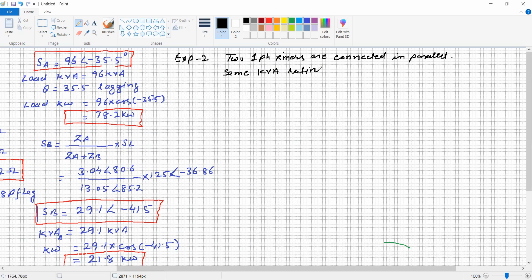So both transformers have the same kVA rating, but their impedances are different.